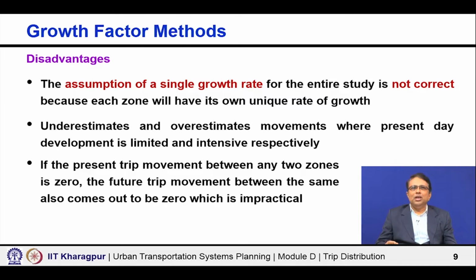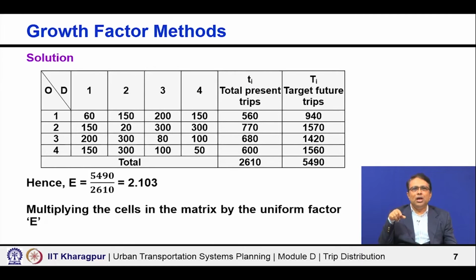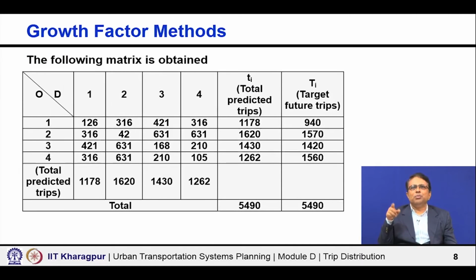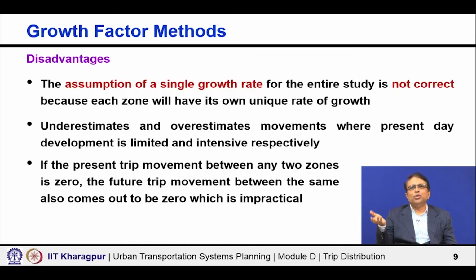Because if a zone is producing very low, then on that number we are using a multiplier, so obviously the future also will still be less. Here, with uniform growth factor, all the cells are getting multiplied by, say, 2.1. So every cell gets multiplied by 2.1. Low values also get multiplied by 2.1, high values get multiplied by 2.1. So low will remain low, high will remain high.